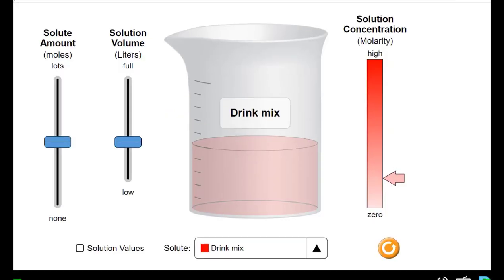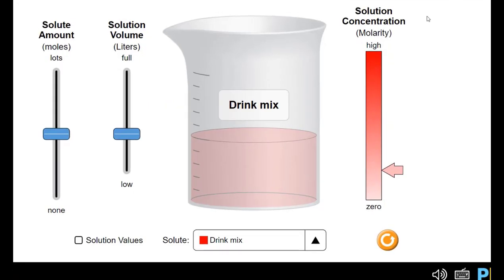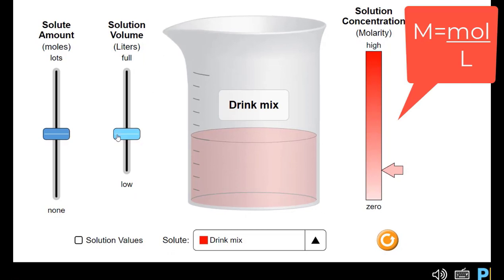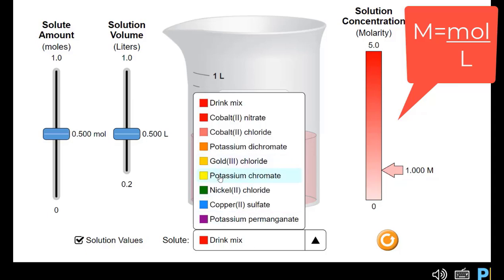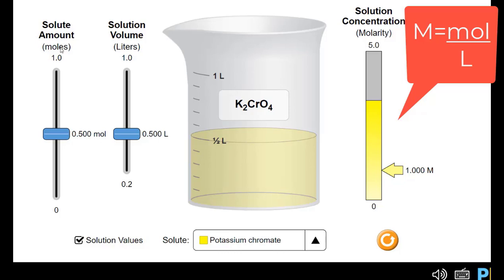Okay, so last, I want to look at this simulation again. We did a lot of messing around with it, but what I want you to go back to is coming down here and looking at values. So turn those values on. And let's get something, here we go, potassium chromate. And remember that molarity, right here on the right, is equal to moles of solute over liters of solution.